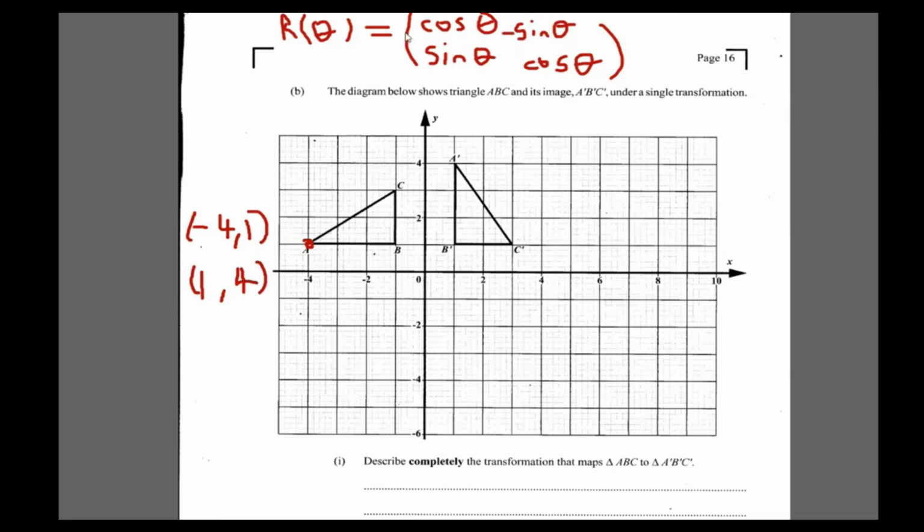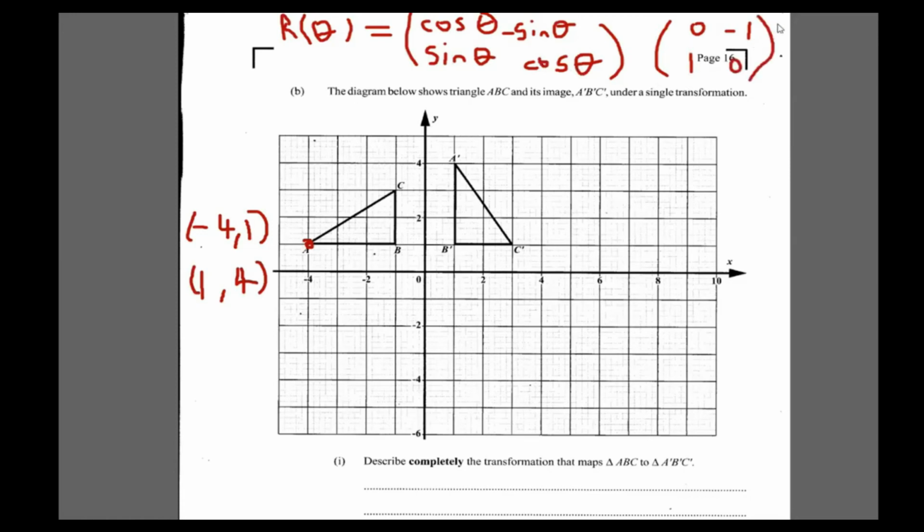Now, if we put in theta as 90 degrees, we get cos 90, which is 0, then minus sine 90, which is minus 1, then sine 90 is 1, and cos of 90 is 0. So 0, -1, 1, 0.